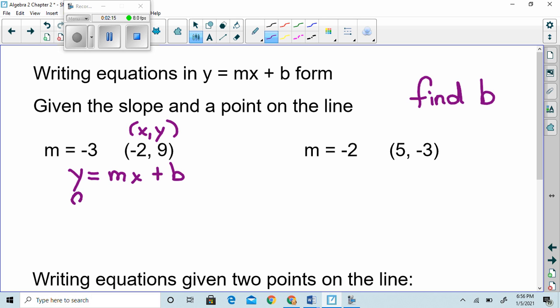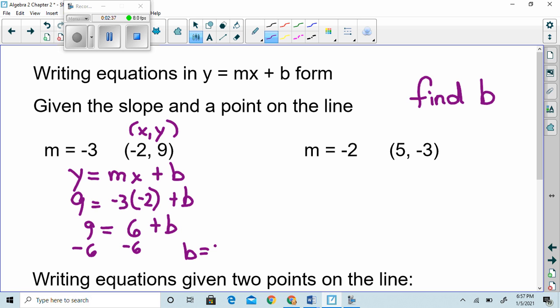So y is 9, m is -3 times x, which is -2, plus b. We have 9 is equal to 6 plus b, because the -3 times -2 is 6. Let's subtract 6 on both sides. We'll find that our b or y-intercept is 3. Let's write that equation now. I have y is equal to -3x plus 3.